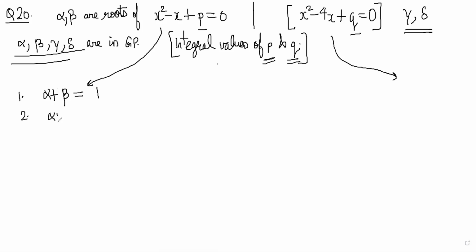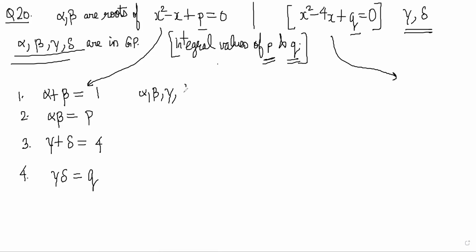And alpha into beta will be equal to p. And third one is gamma plus delta is equal to 4. Fourth one is gamma delta is equal to q. Okay. You have these things and you have alpha, beta, gamma, delta are in GP. Yeah. Great.